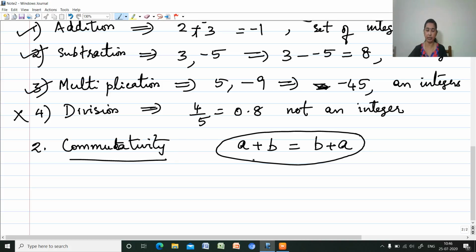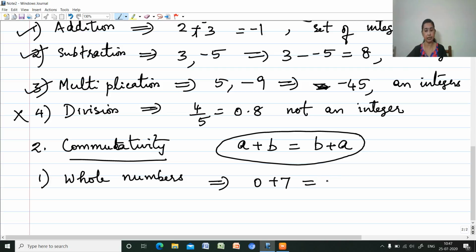So that is commutativity. Now we'll move on to whole numbers and integers, to see whether commutativity is satisfied in these. First, we are checking for whole numbers. Consider any two whole numbers, let it be 0 and 7. If I am adding 0 and 7, it is the same as adding 7 plus 0, and we will get the same answer, 7.